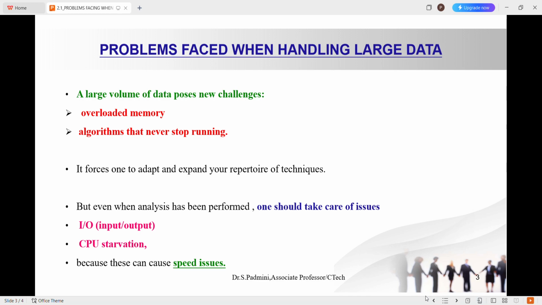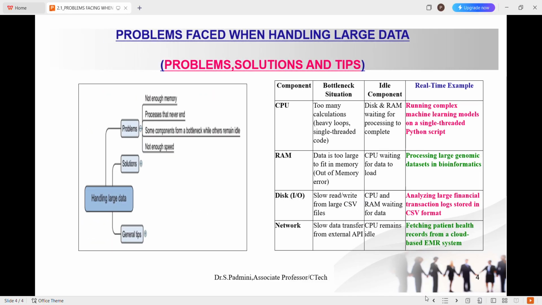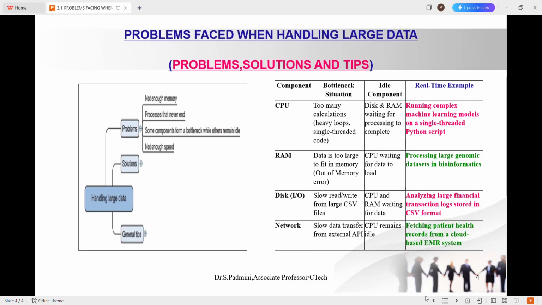So it is mandatory to take care of the following issues, such as the relationship between the input and the output parameters, and also CPU starvation, because these two attributes can lead to speed issues. Now we will see one by one.